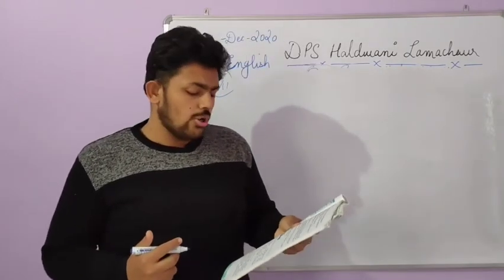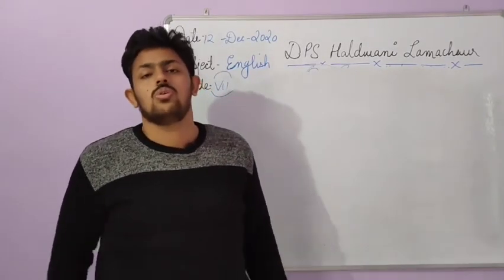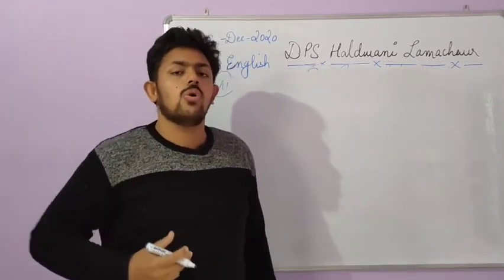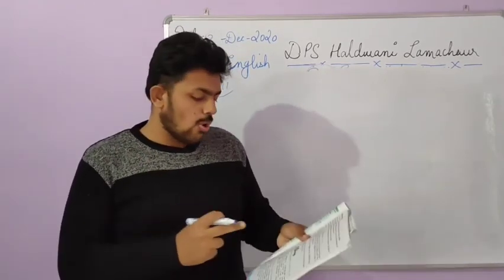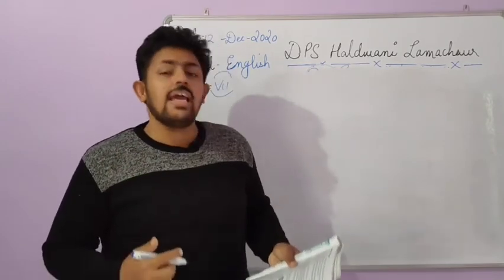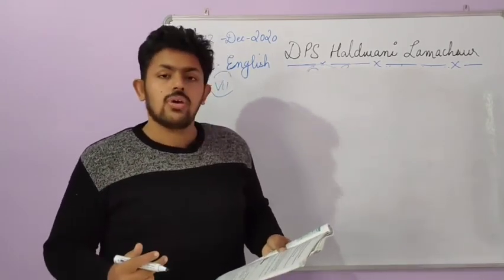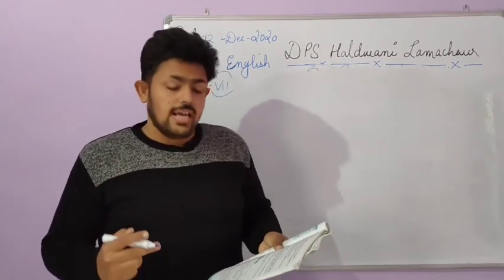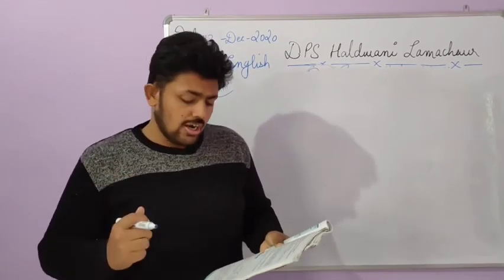So, I was born on 12th June. Okay, I was telling you that in is used for big things, on is used for small. So I was born on 12th June at Rampur in Uttarakhand.